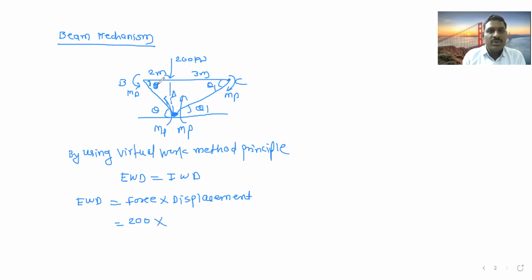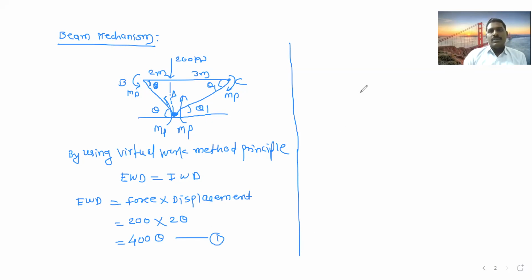The displacement is either 2 into theta or 3 into theta 1. This delta is the displacement, so you can take either 2 into theta or 3 into theta 1. We will take 2 into theta. So how much is this? 400 theta. Got it, everyone? This is how we calculated the external work done.